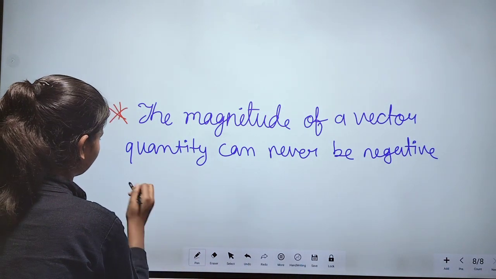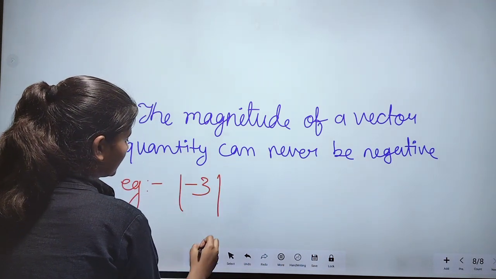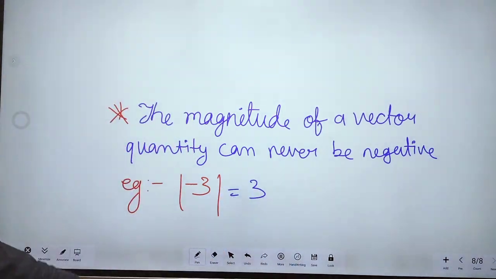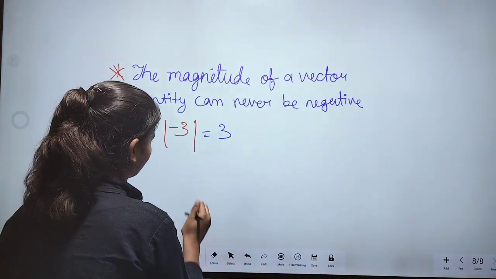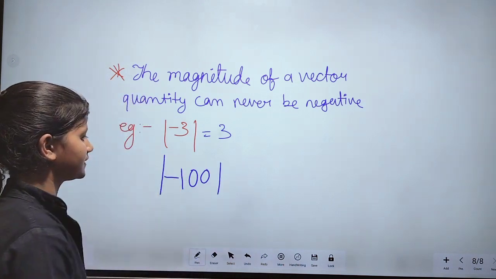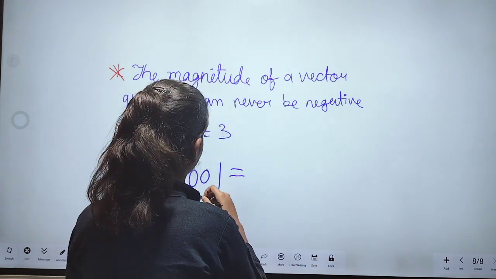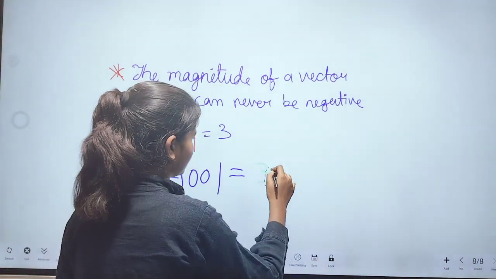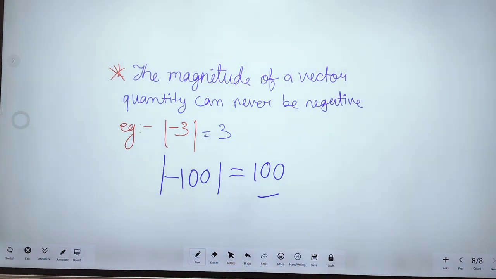Like -3. If we put modulus, then the answer will always be positive. If any digit is negative and we put modulus, it always gives a positive answer, not a negative answer.